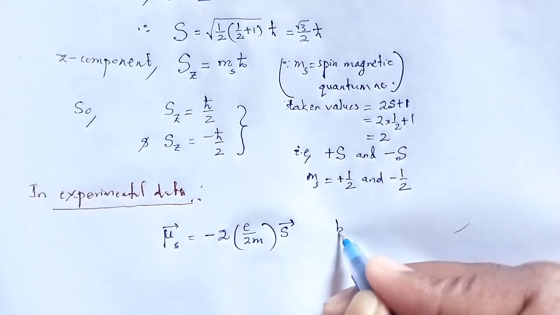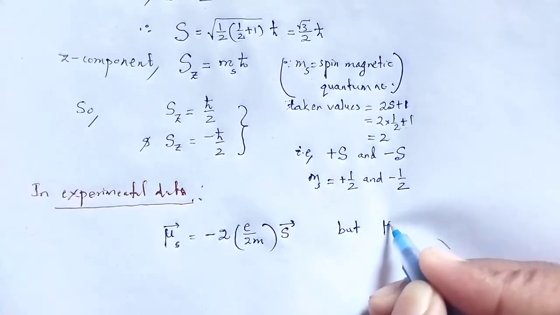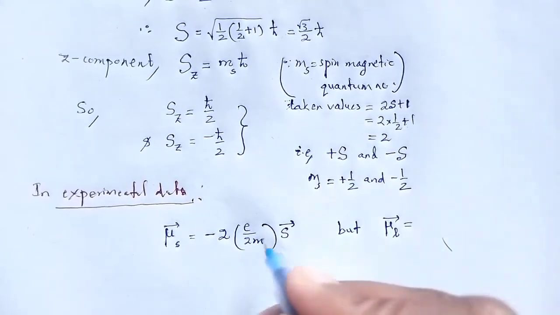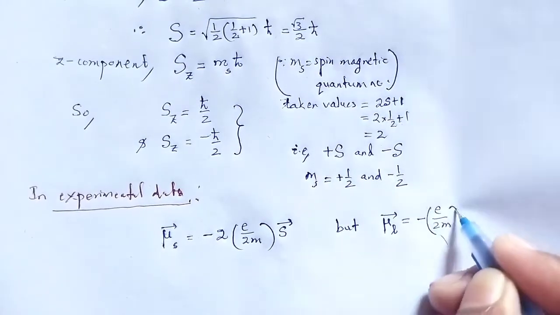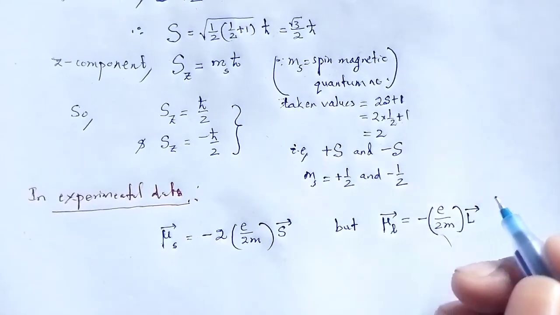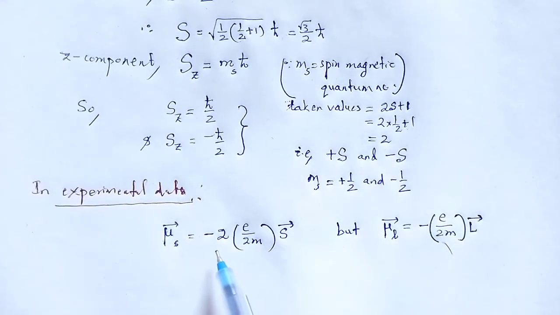but we know previously mu of L is equal to not 2, that is only minus e by 2m of L vector. This is twice, since the gyromagnetic ratio for electron spin is twice the gyromagnetic ratio of electron orbital motion. That is the basic difference why we use 2 here, and the negative sign indicates mu s and s are oppositely directed.